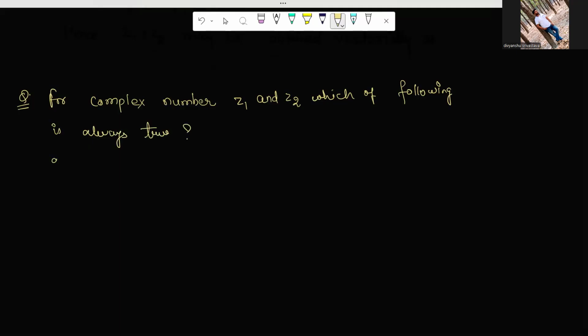Option A: modulus of Z1 Z2 is greater than or equal to modulus Z1 plus modulus Z2. Option B is your standard requirement, I think you understand it easily.